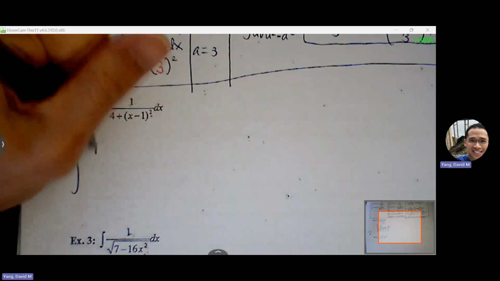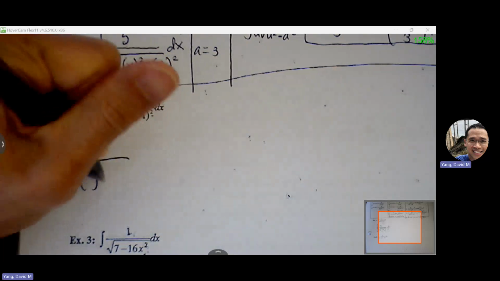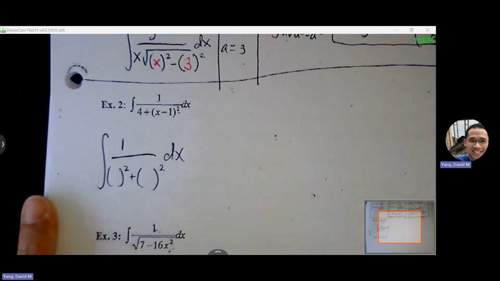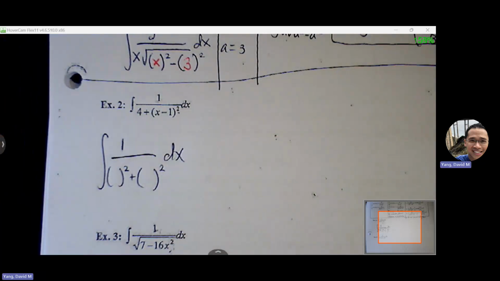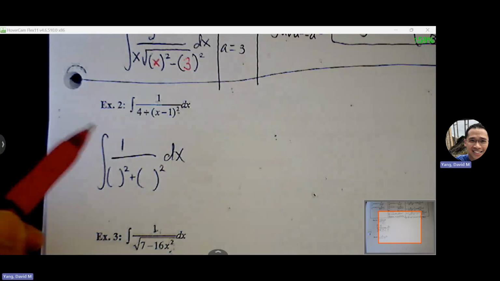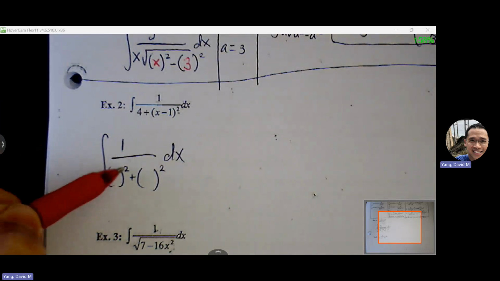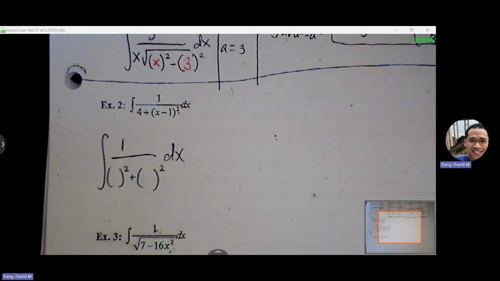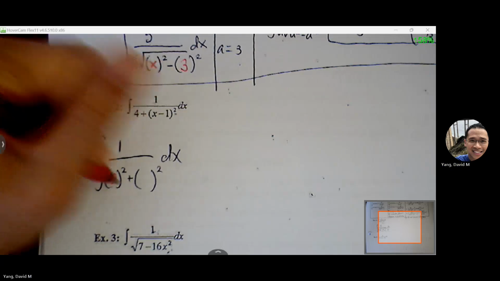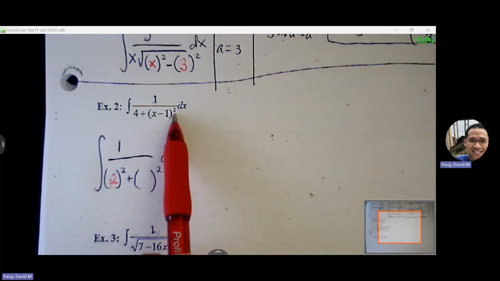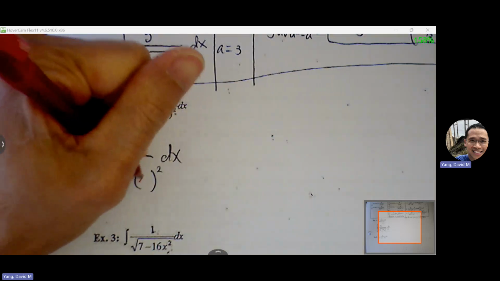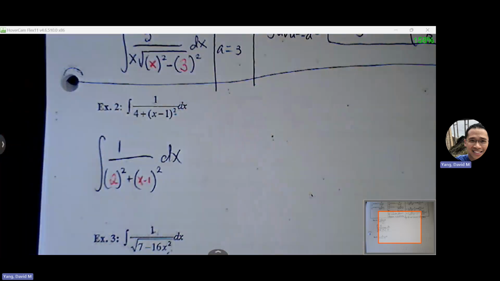So let's start by setting up. Let's create a set of parentheses because we just want to make sure that we're pulling the correct a and u value by storing them inside a set of parentheses. What can I put in here so that if I square it, I get equivalent to 4? 2. And here, x minus 1 is already in a good setup for us, so we can just copy that x minus 1 there.